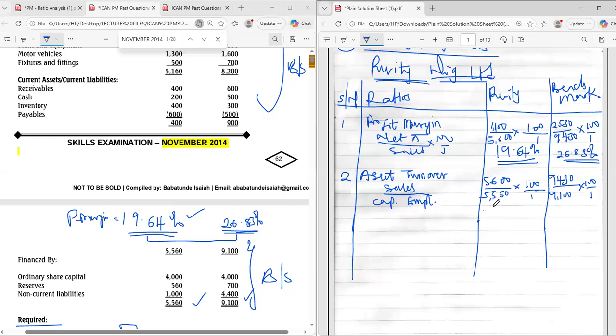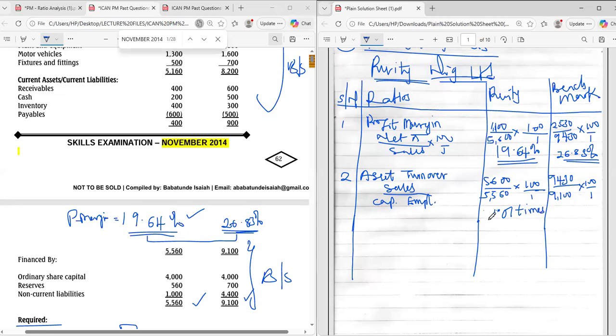1.01 for Purity. So 1.01 times 100 is 100.7%. Okay, so this turnover is measured in times, not in percent. Please take note.